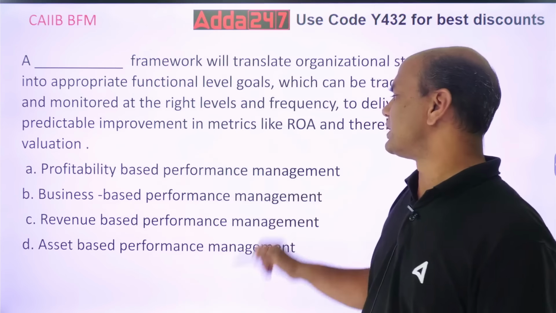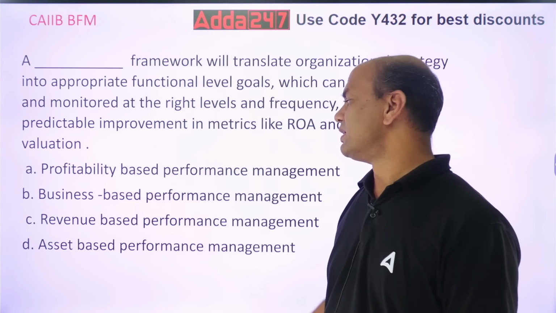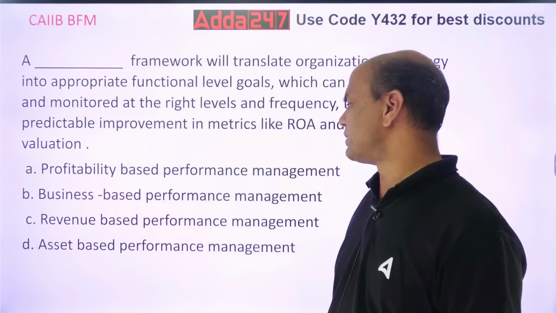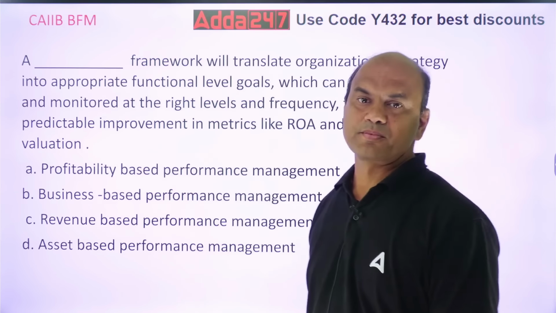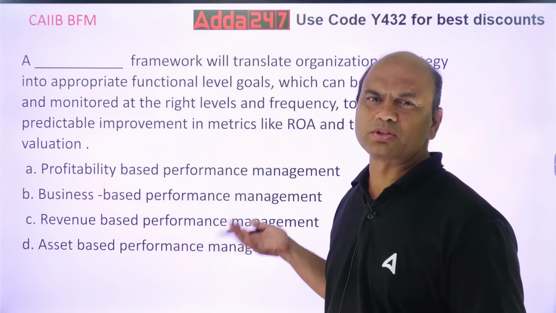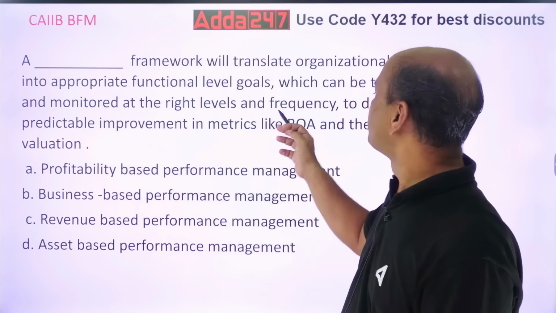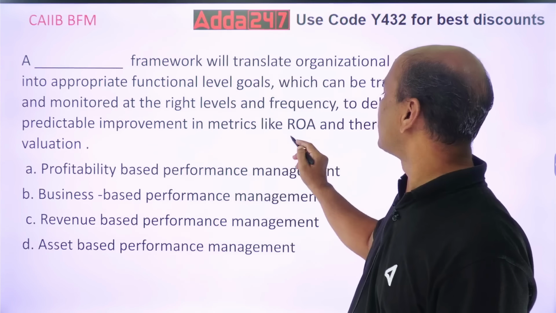The options are: profitability based performance management, business based performance management, revenue based performance management, and asset based performance management. All of you will think everything is correct. What's wrong in it? Frequency and deliver predictable improvement in metrics like ROA.